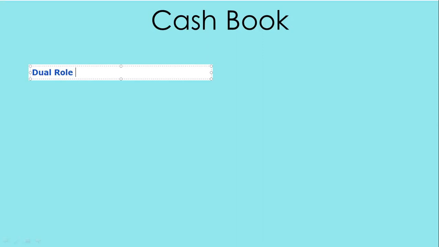What did I say last week? What do you mean by the dual role of a cash book? I think you didn't come to last week's session. Anyone in the class? What is the dual role of a cash book? Nobody can remember.